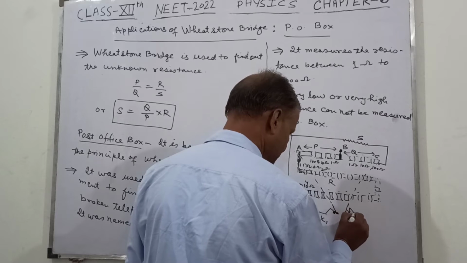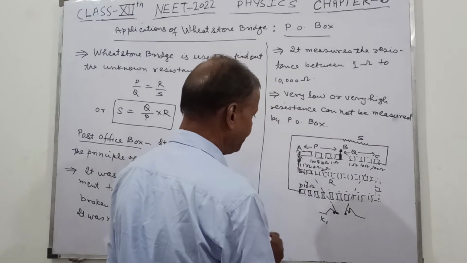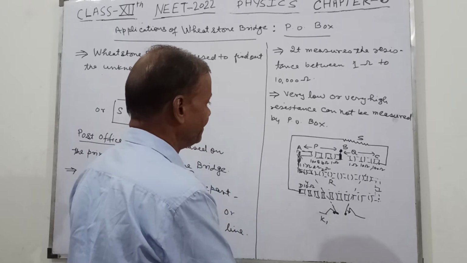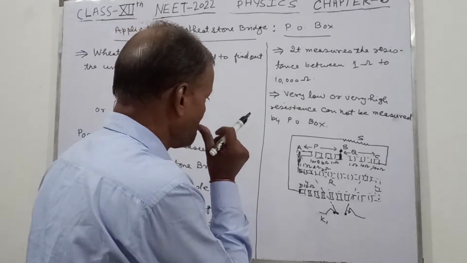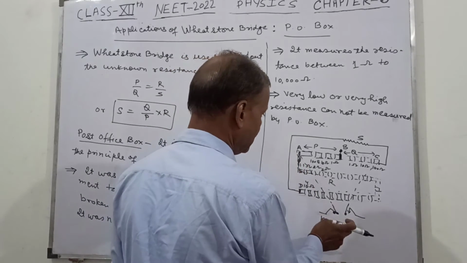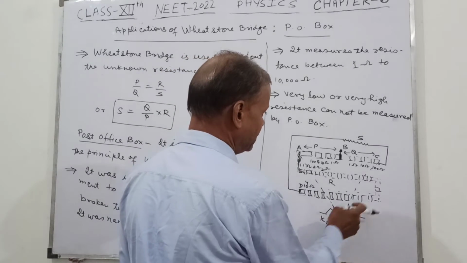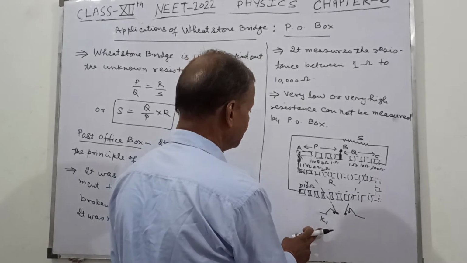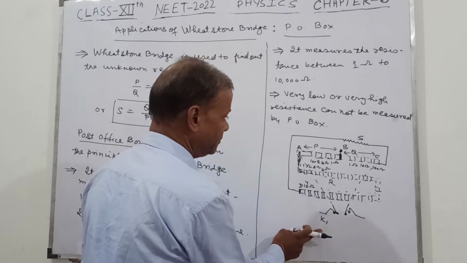Here we are having this key. So A from here and C here. Then across AC we apply the battery.